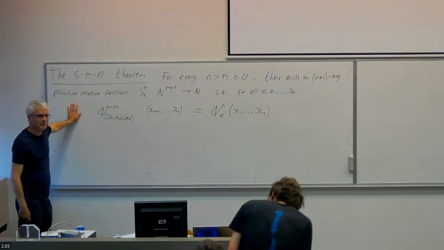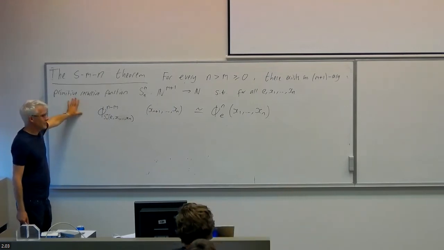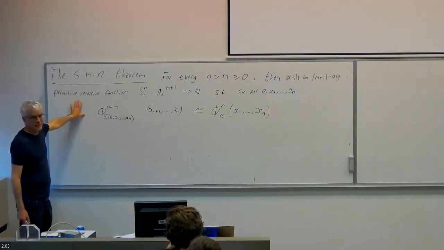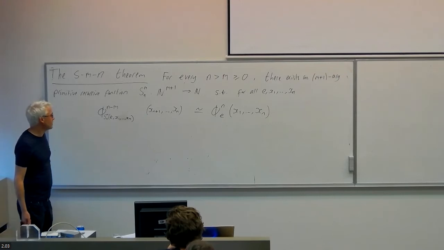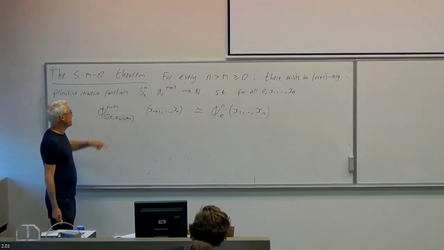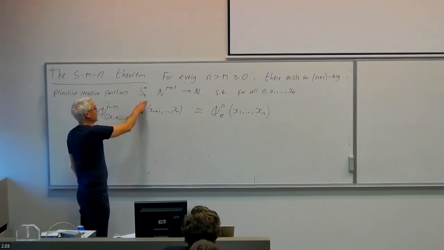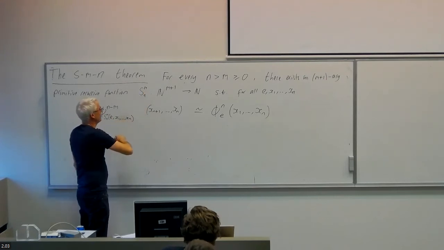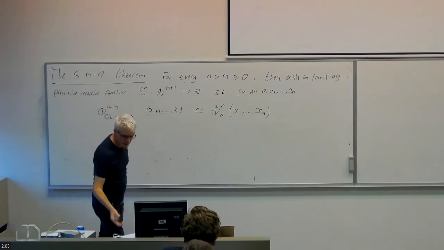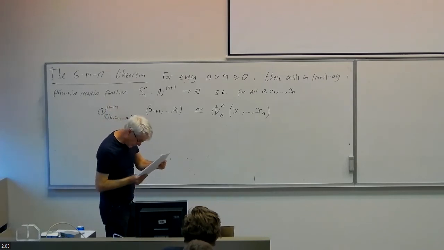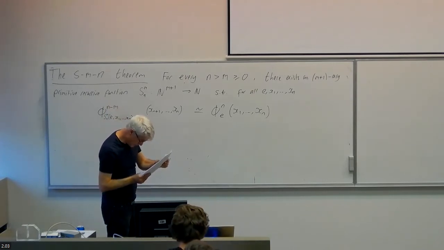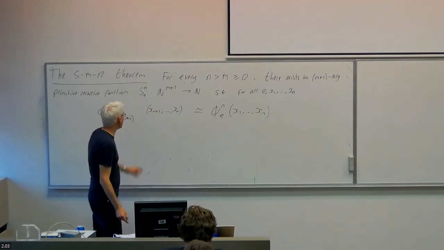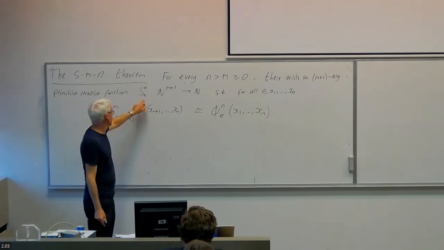Hi. So I ended the last part by stating this maybe quite complicated looking Smn theorem. It's quite complicated because of all of the indices involved. You see the reason for the name of the theorem. We have the function S with the m on the top and the n on the bottom.